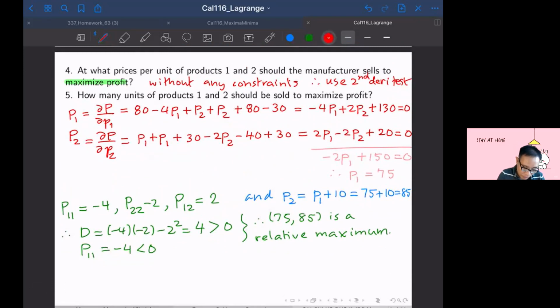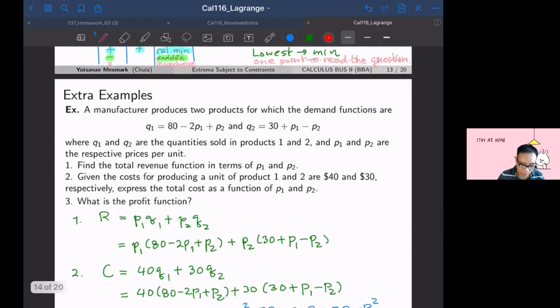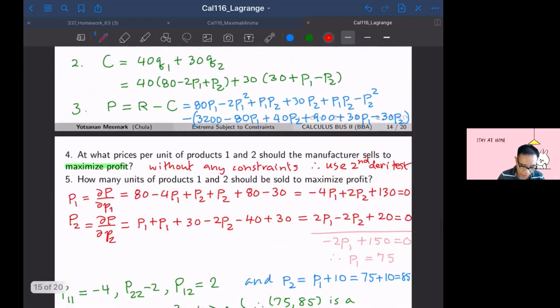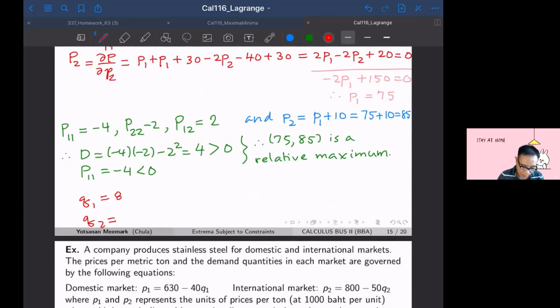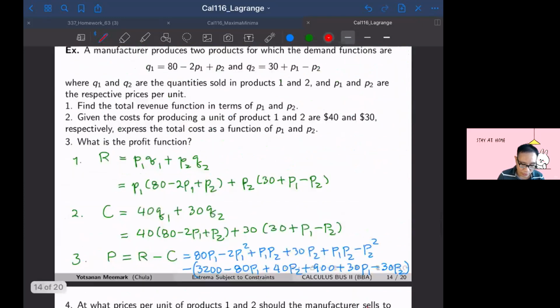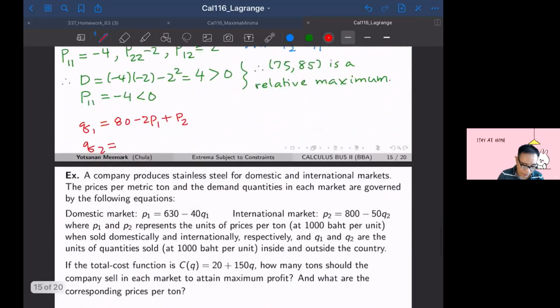So the question asks you to find Q. So Q1 equal to, Q2 equal to, so we learned that Q1 is 80 minus 2p1 plus p2, and Q2 is equal to 30 plus p1 minus p2.